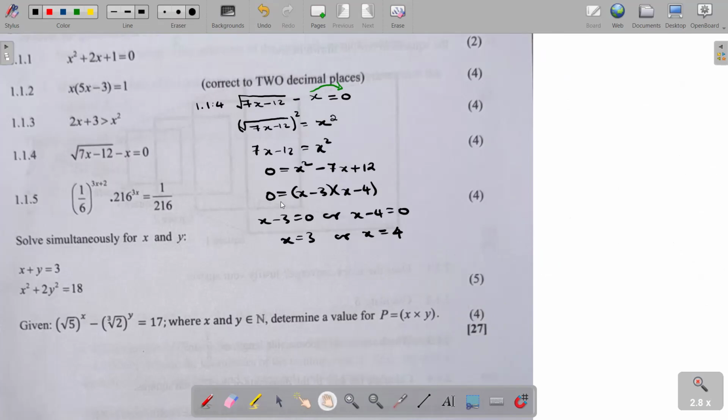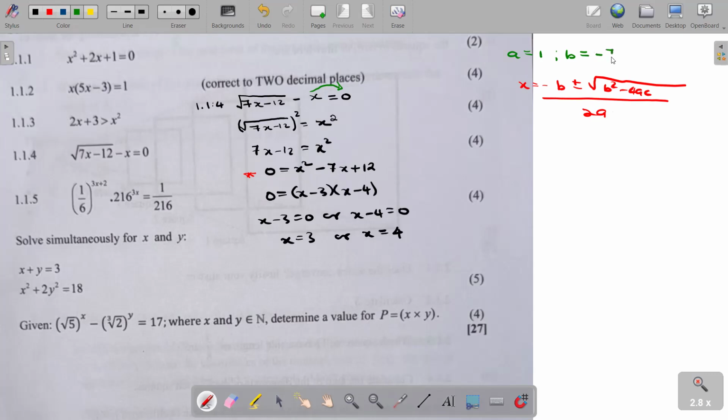So if we were to use the quadratic formula, you are going to start from here, copy the quadratic formula: x is equal to minus b plus or minus the square root of b squared minus 4ac all over 2a. Here, what's the value of a? A is the coefficient of x squared, which is 1. B is the coefficient of x, which is minus 7.